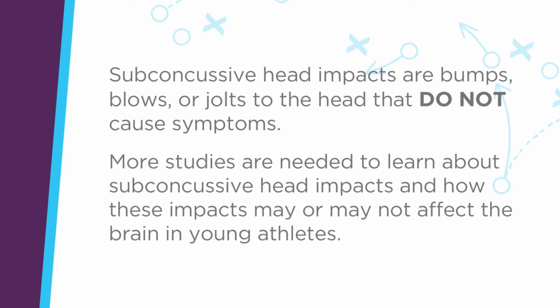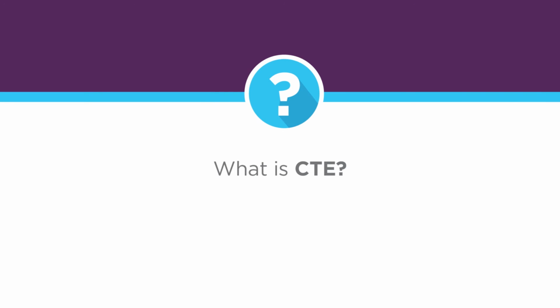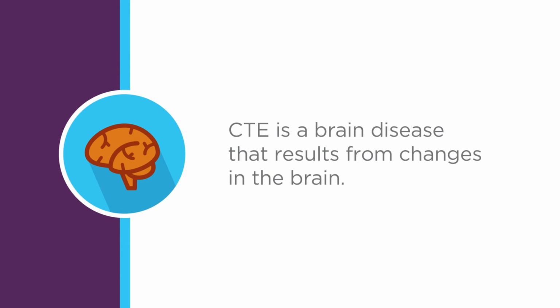More studies are needed to learn about subconcussive head impacts and how these impacts may or may not affect the brain in young athletes. There is also increased attention and concern about CTE, or chronic traumatic encephalopathy. So what is CTE? CTE is a brain disease that can only be diagnosed after death. It has been linked to specific changes in the brain that affect how the brain works.